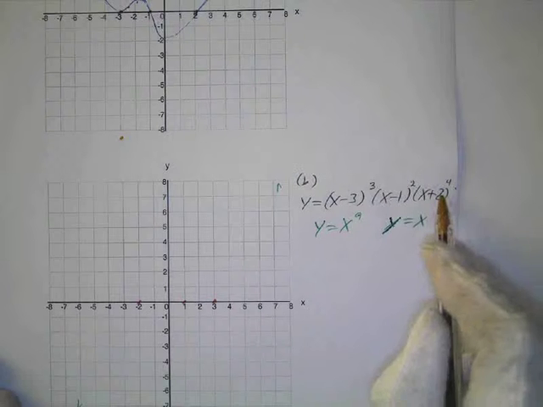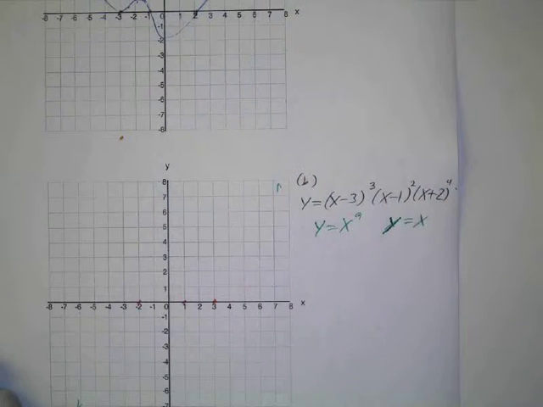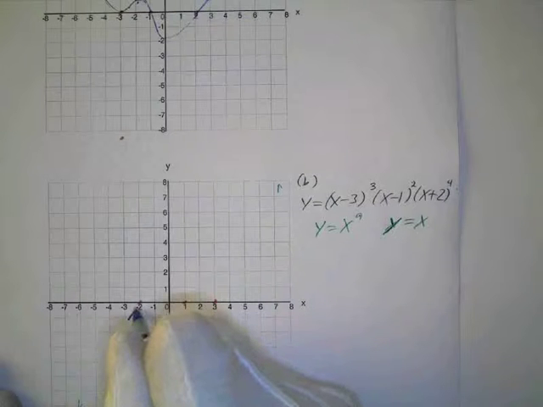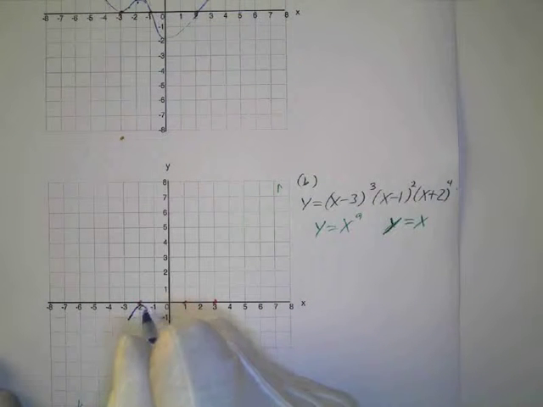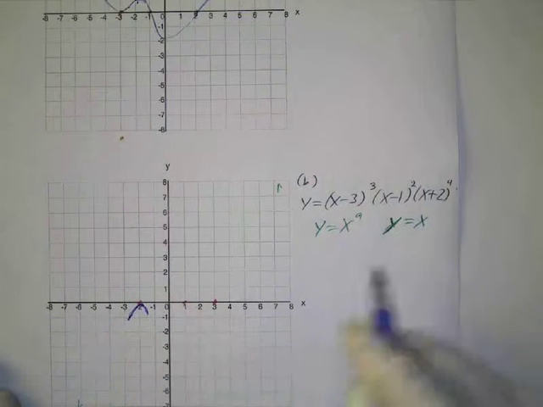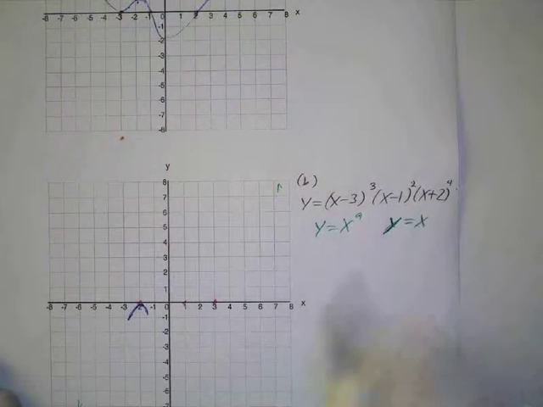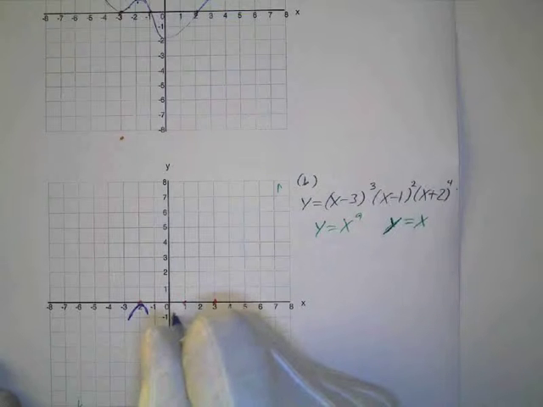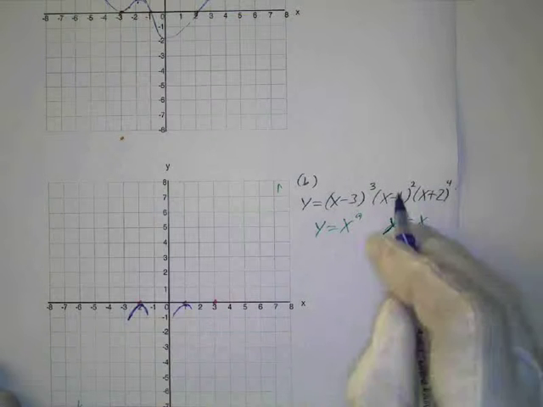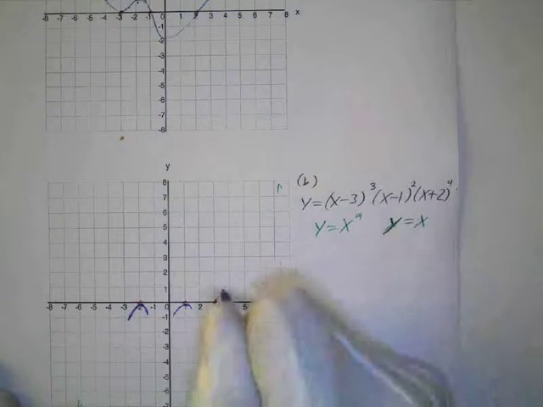This is even, so it means I'm going to touch and return. And then at 1, I have another even, so I'm going to touch and return. And at 3 I've got an odd, that means I'm going to cross.